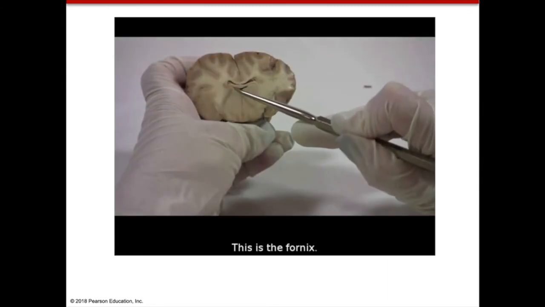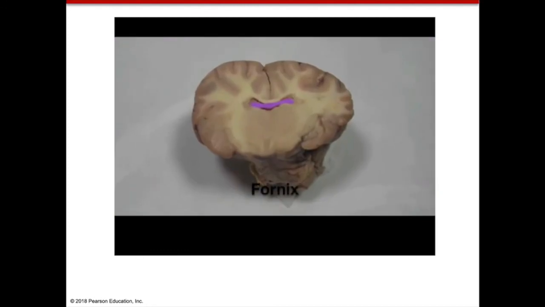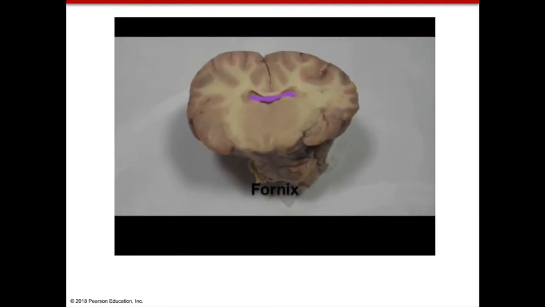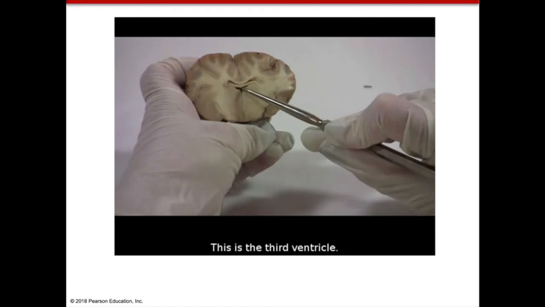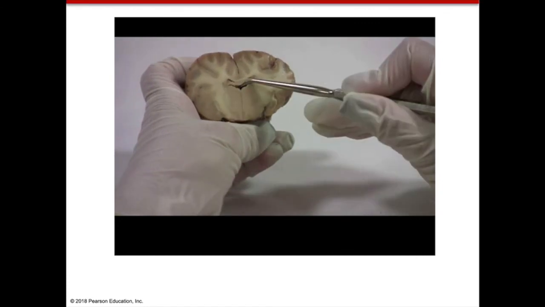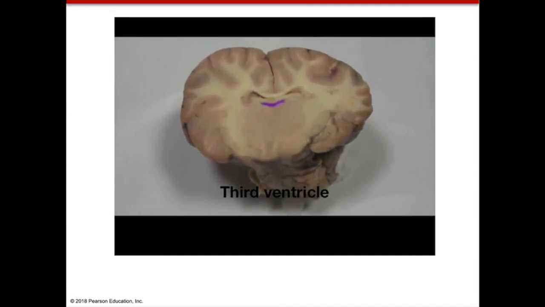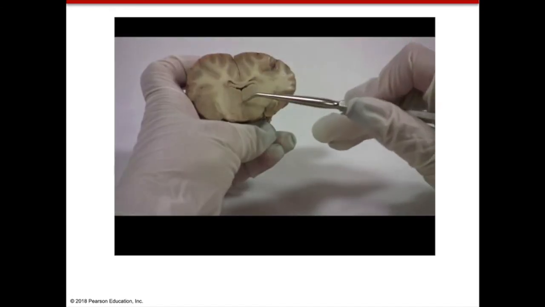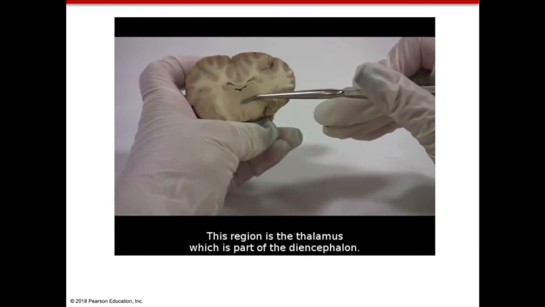This is the fornix. This is the third ventricle. This region is the thalamus, which is part of the diencephalon.